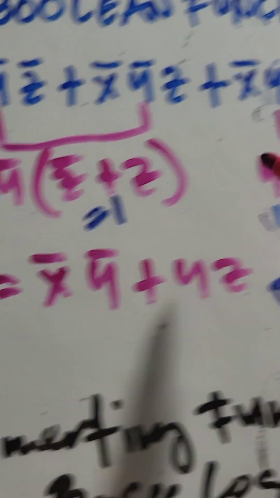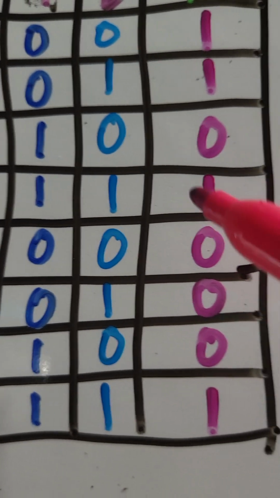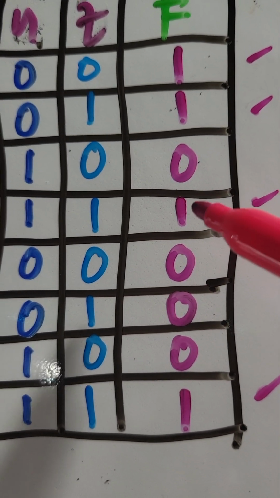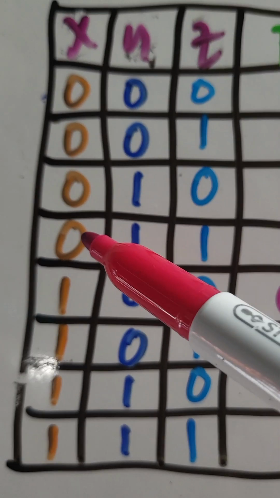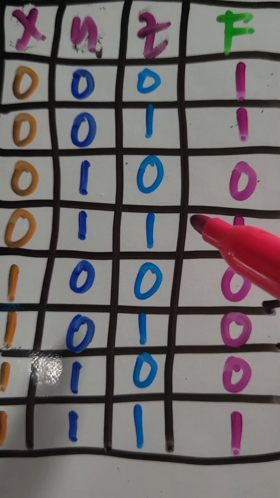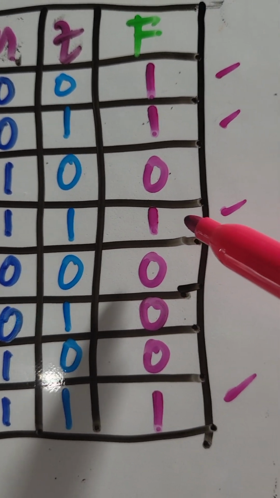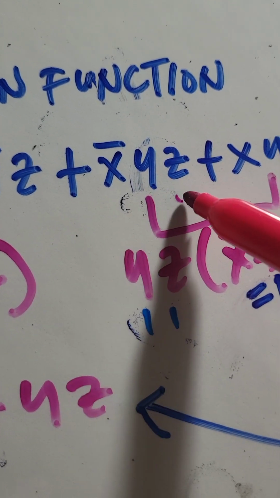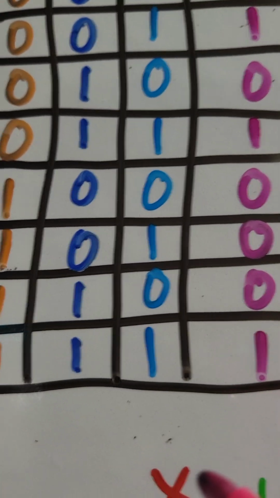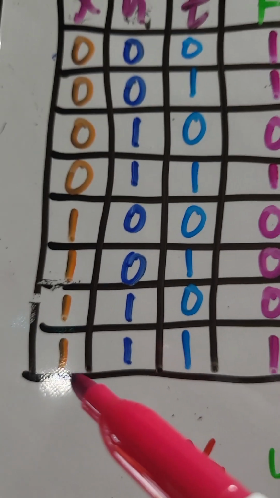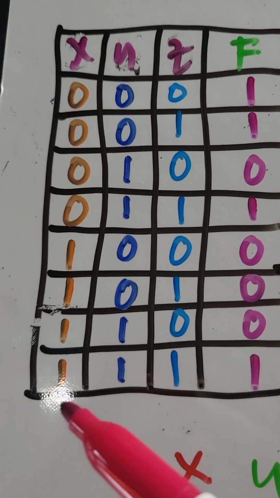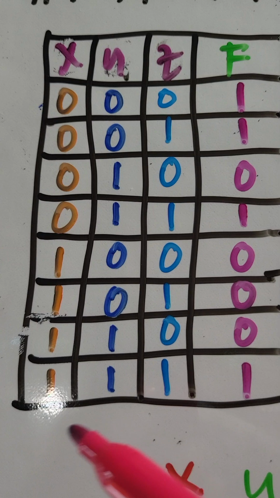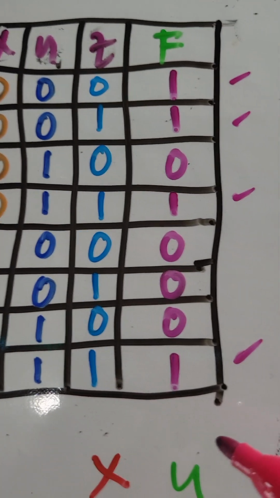Then plus the next output with 1: x0, y1, z1, output is 1, and the function is x bar, y, z. And the last output, all inputs are 1, x1, y1, z1, output 1, and the function is x, y, z.